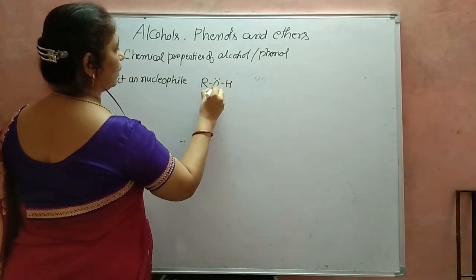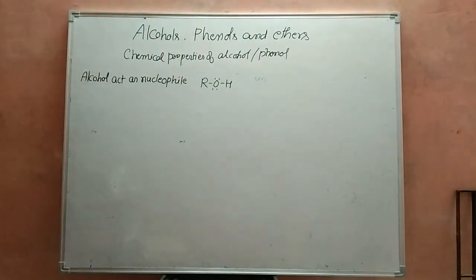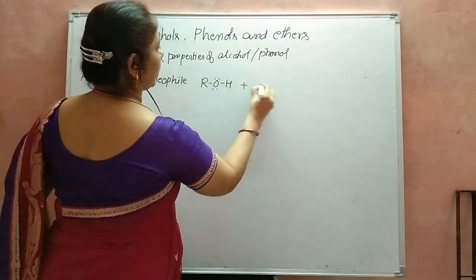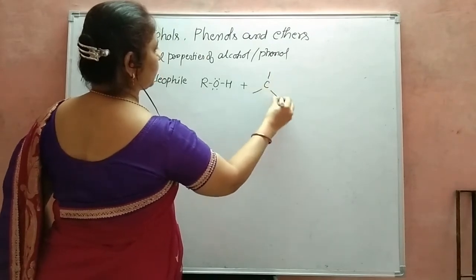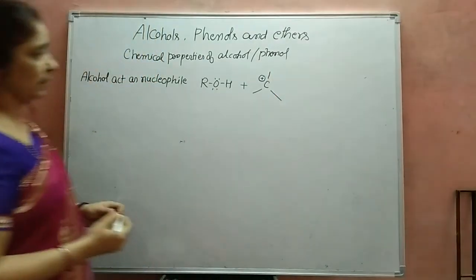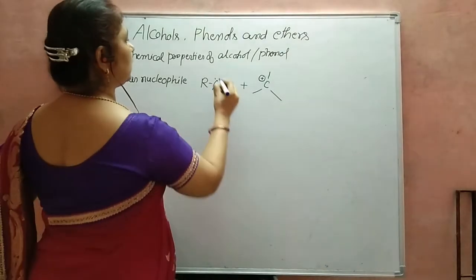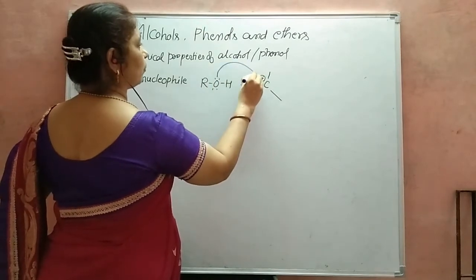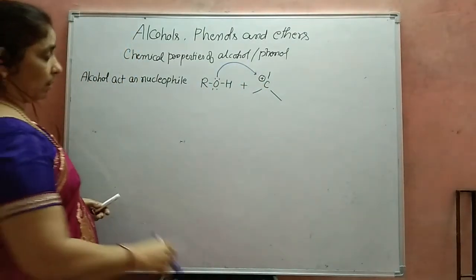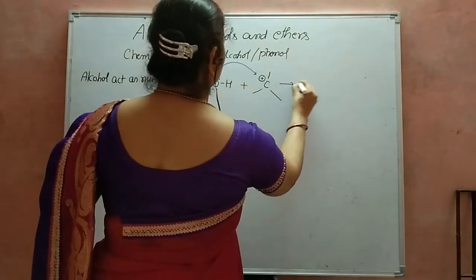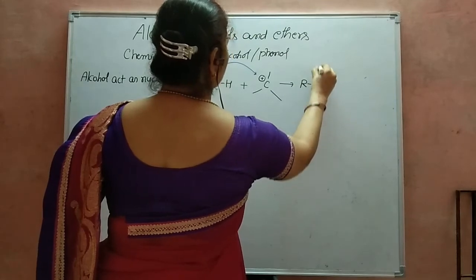Here the alcohol has two lone pairs of electrons just like a water molecule. When it reacts with any carbocation which is positively charged, this alcohol molecule attacks nucleophilically on carbon and forms the compound.